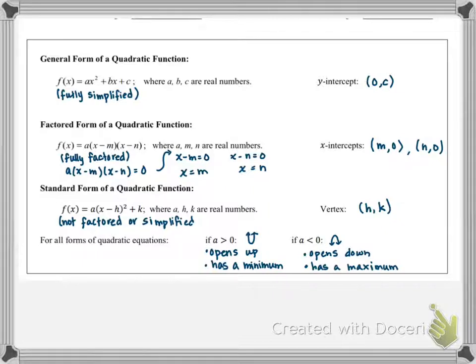So this is important because remember the problems we did the other day with the graphs where we were optimizing, so we were finding the minimum area or the maximum area. If we have a function that opens up and I ask what's the maximum, the only way to get that in application problems is to use the physical restraints of the problem, like time can't be negative or area can't be negative, because there's no local maximum to find there.